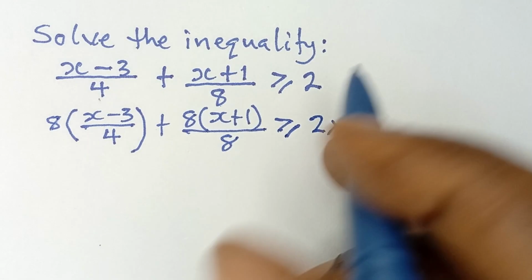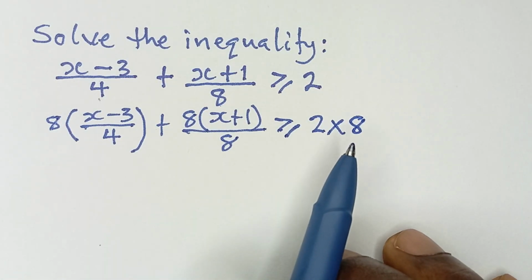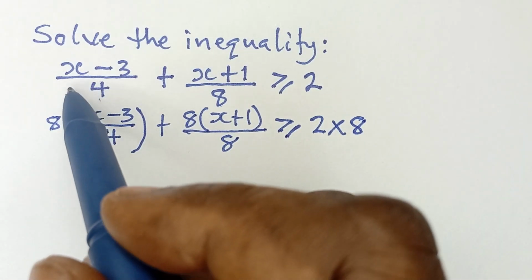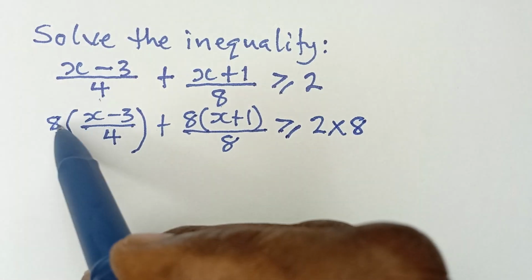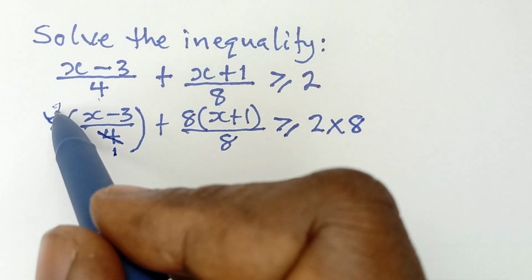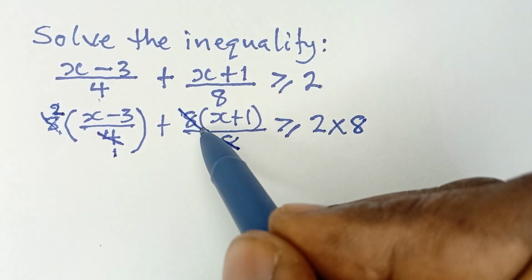So each of the terms has been multiplied by 8 so that the fractions can be cleared out. So 8 divided by 4 here, I have 2, and then this 8 we cancel the 8.